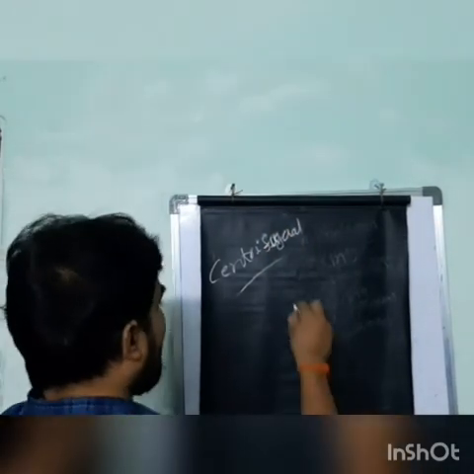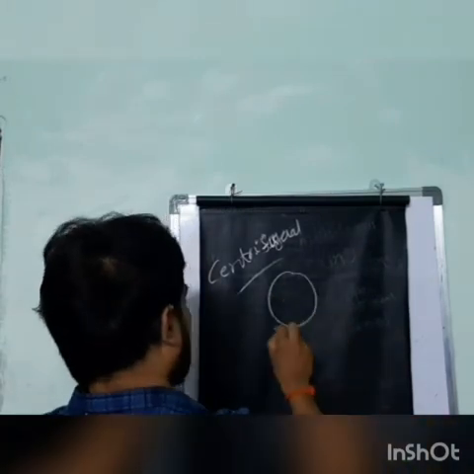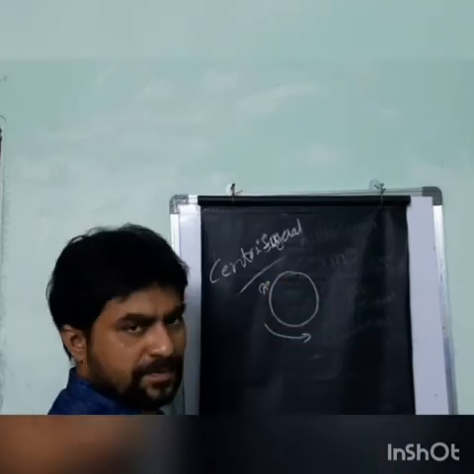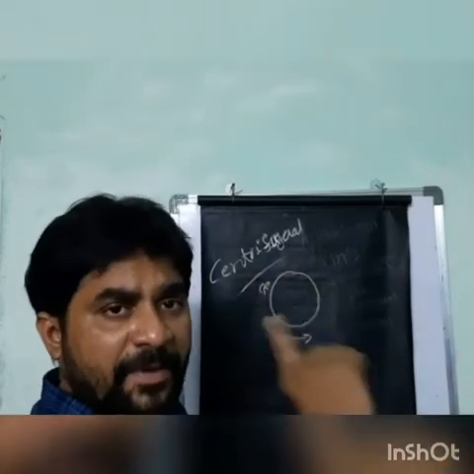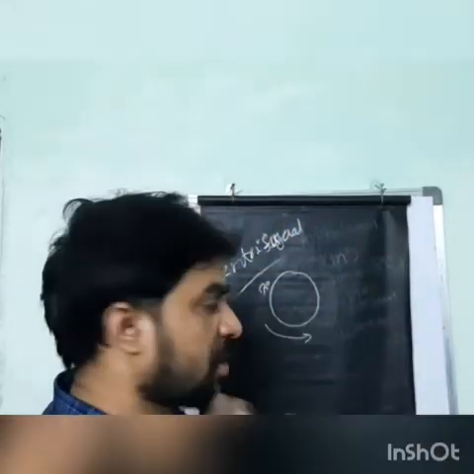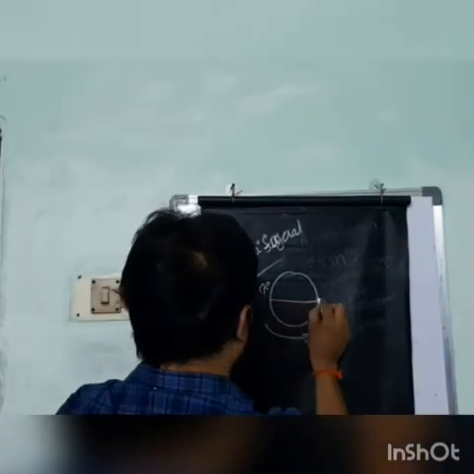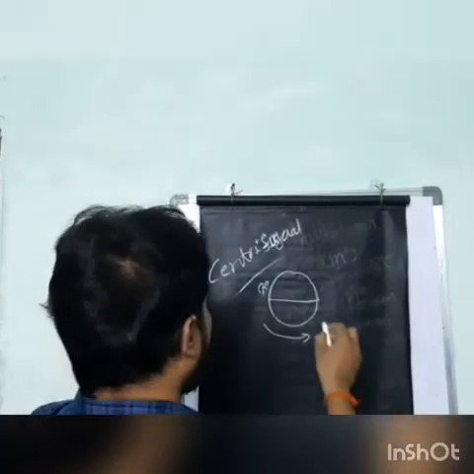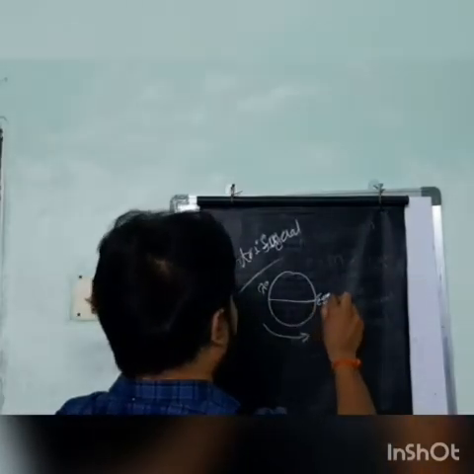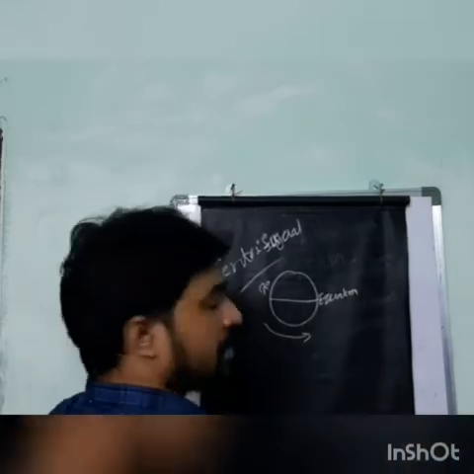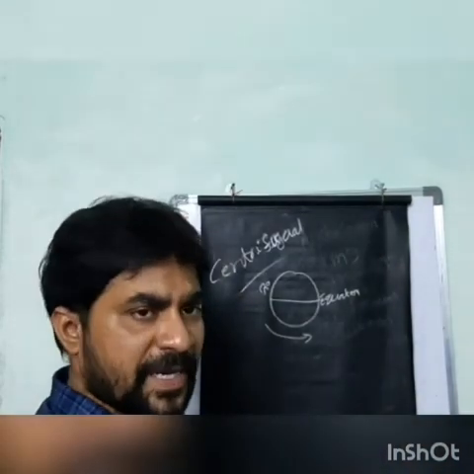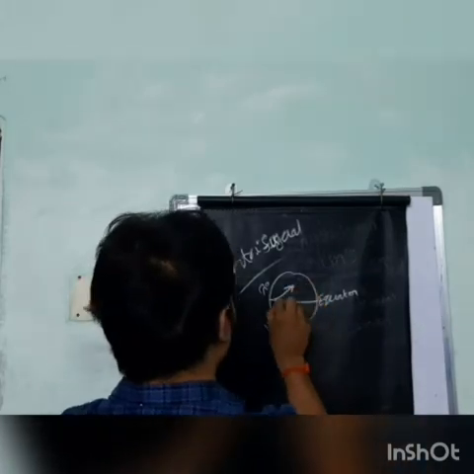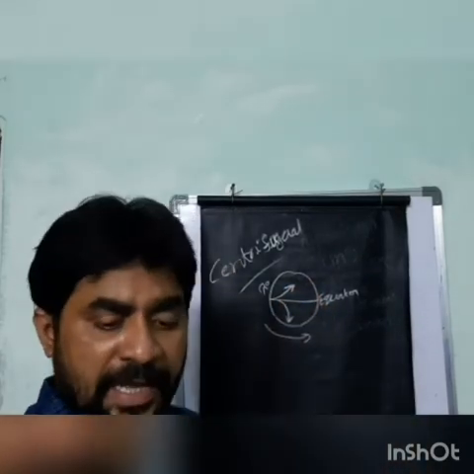Centrifugal force means that at the time of Earth's revolution and rotation, there is more pressure at the center, that is, in the region of the equator. Because of this pressure, the water goes towards the north or towards the south.